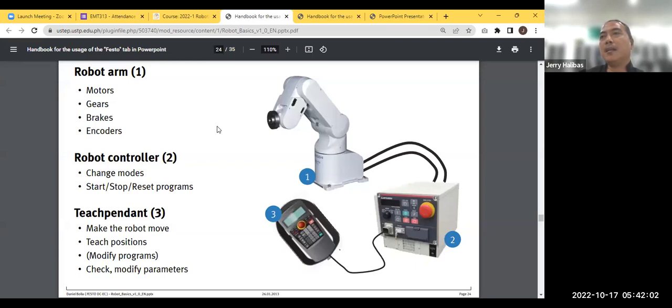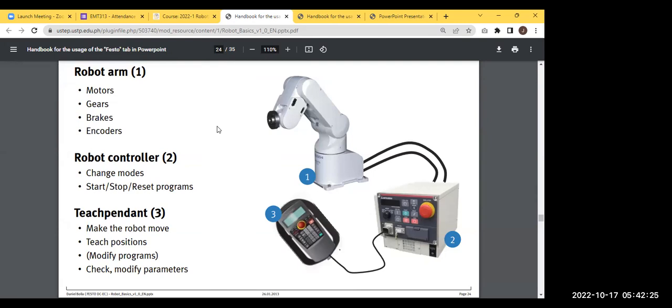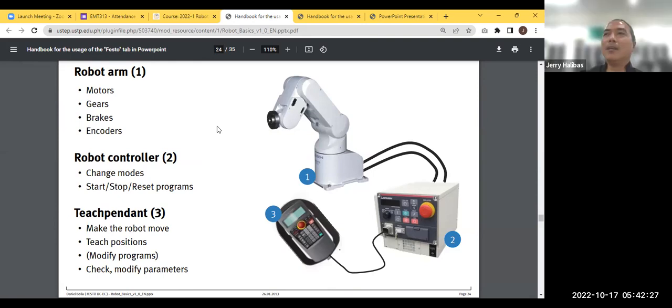Who here drives a motorcycle? Do you know the difference between a Mio and, let us say, a famous typical motorcycle? Manual, sir. Oh, okay.